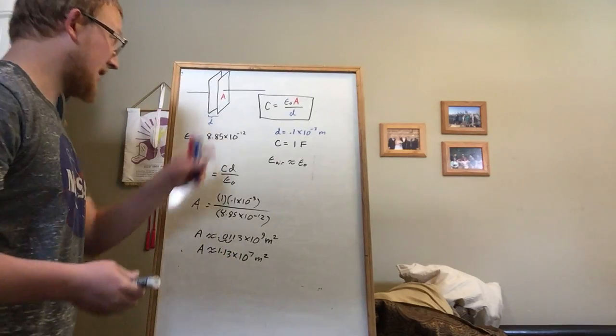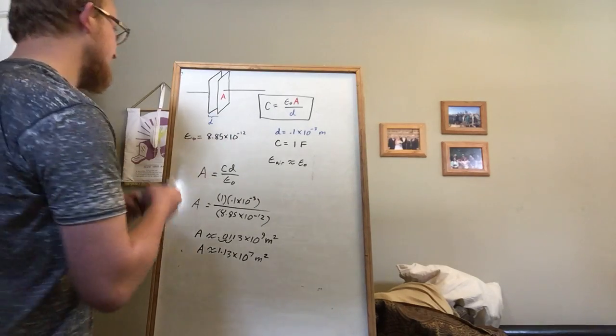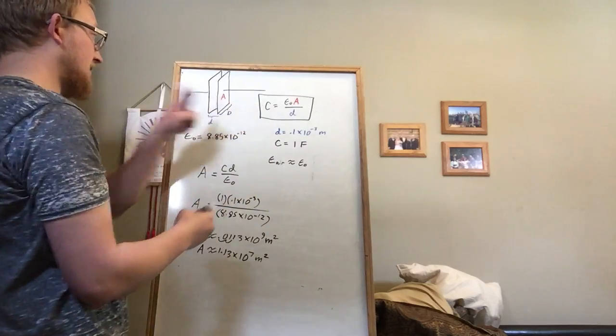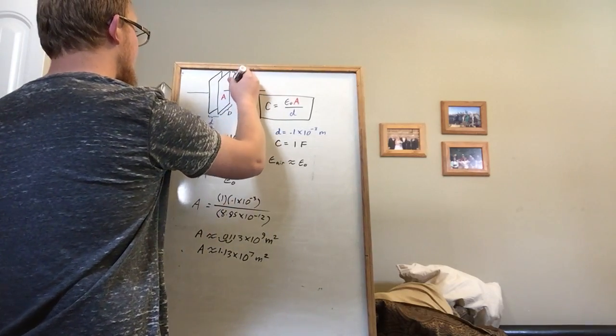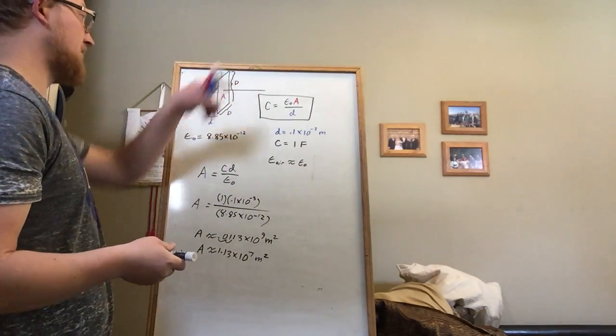Now, what if we decided that this parallel plate capacitor was going to be square? So in other words, it's going to have a big D for a side length and a big D for a height. So we're looking at a square plate.